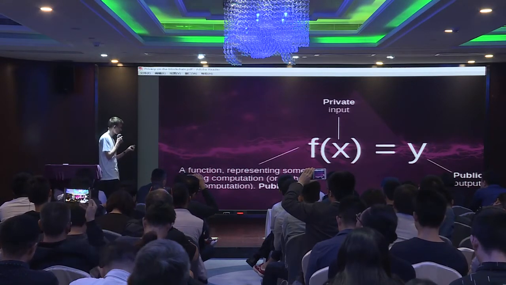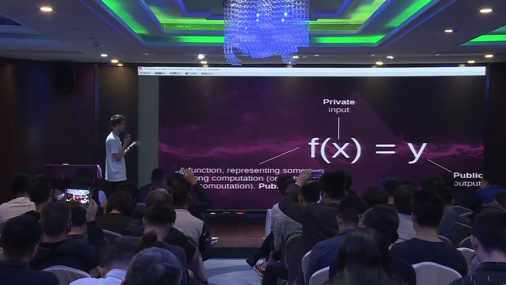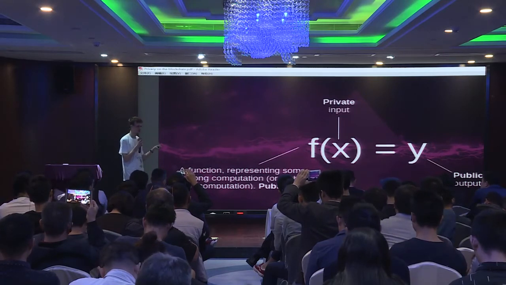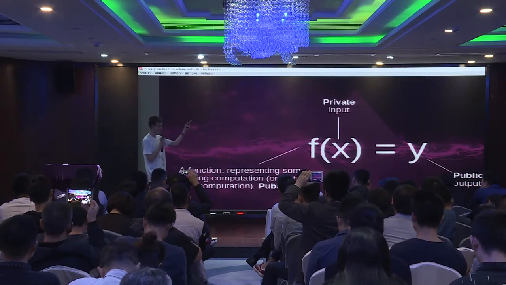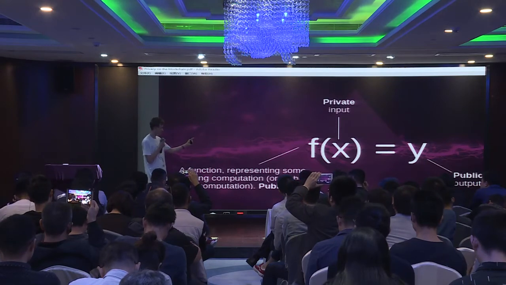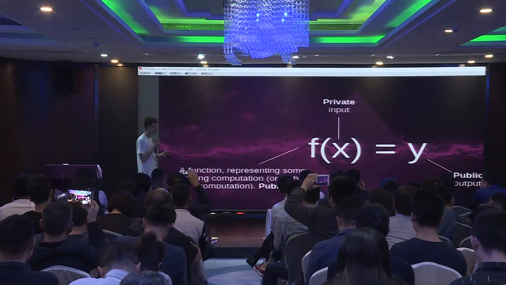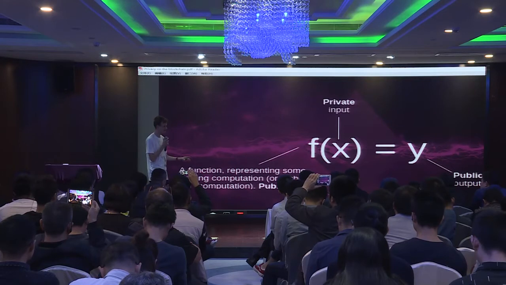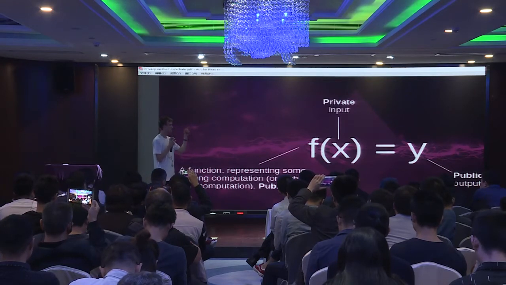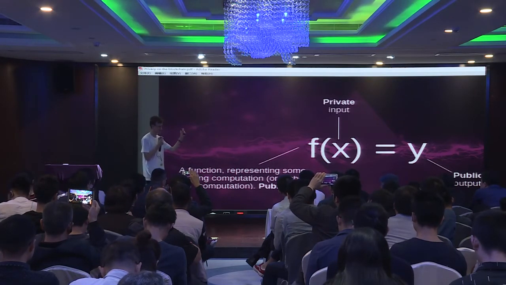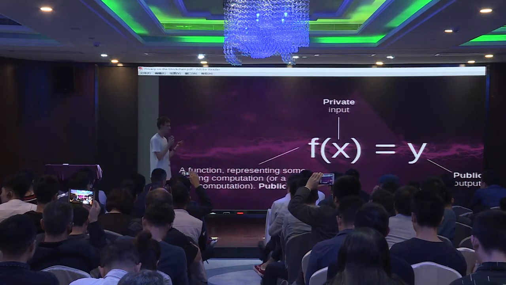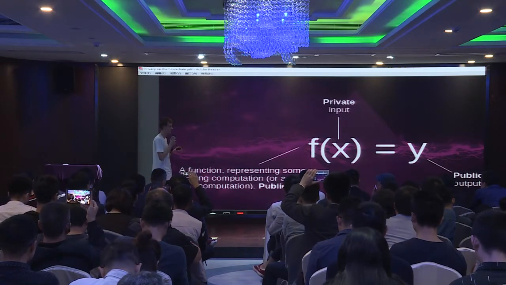What a general purpose zero knowledge proof does is it allows you to prove that you have some number that satisfies some equation, where the equation is public, but when you make a proof that you know a number that satisfies the equation, you do not reveal anything else about what the number is.